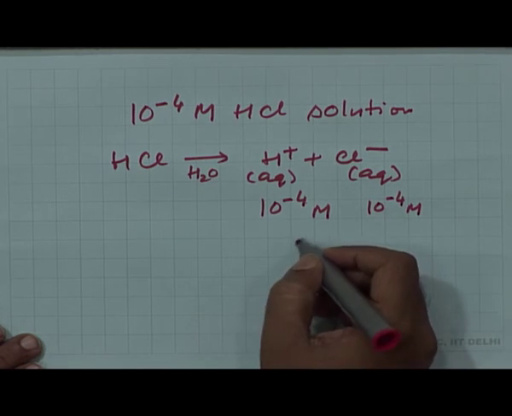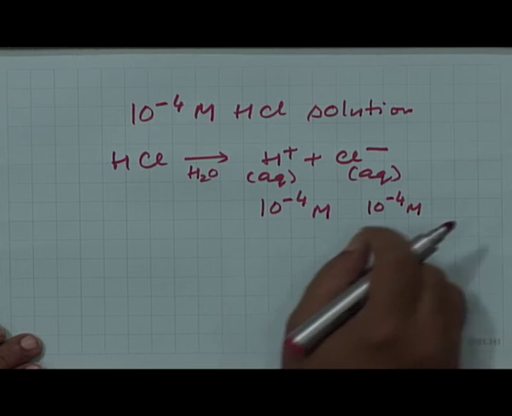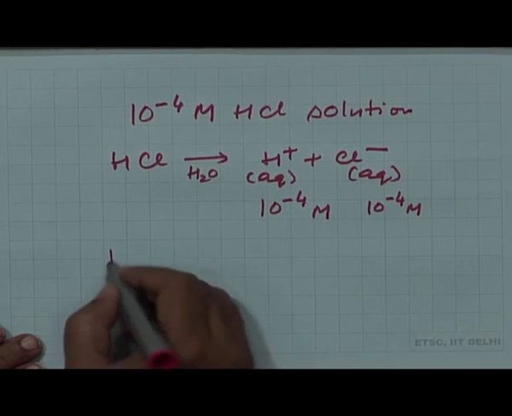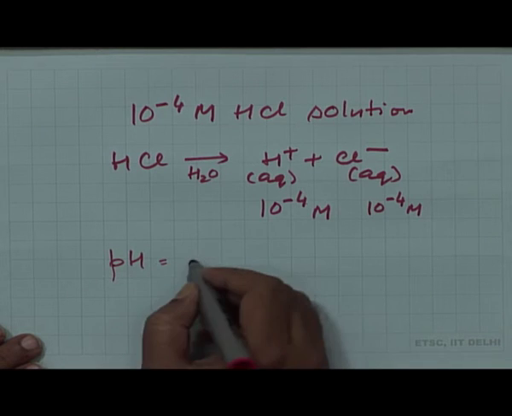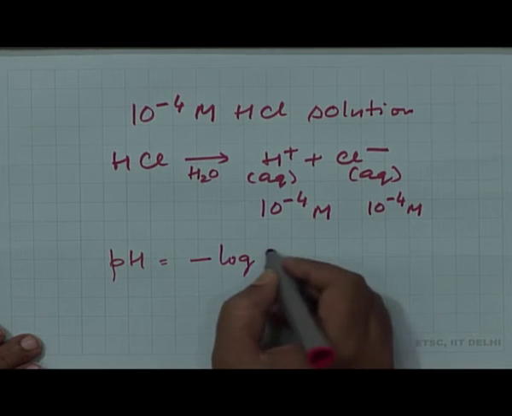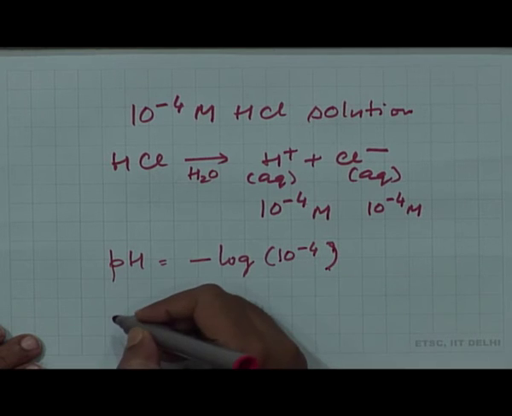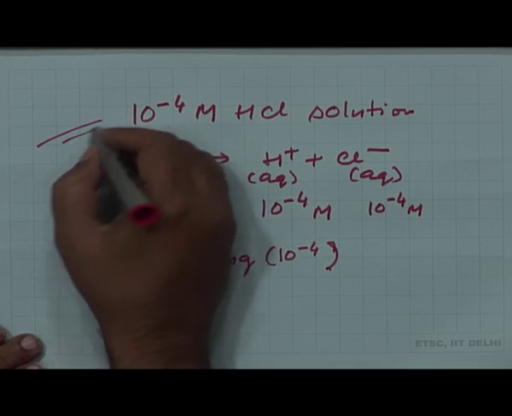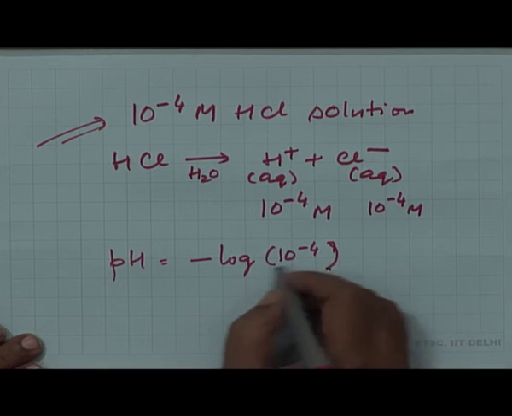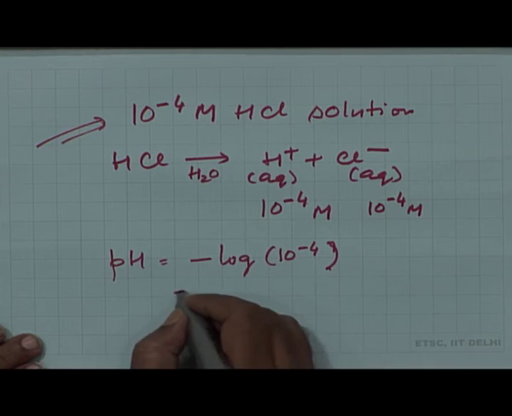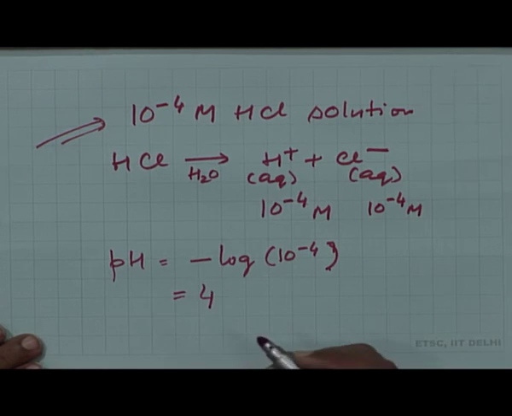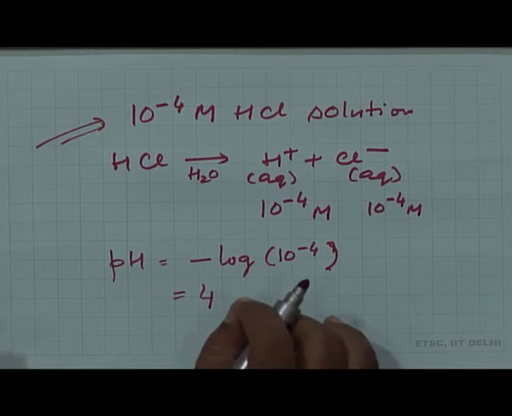And so, pH will be simply equal to minus log [H+]. Since this is a dilute solution, we can simply write pH is equal to 4 for the 10 to the power minus 4 molar acidic solution.